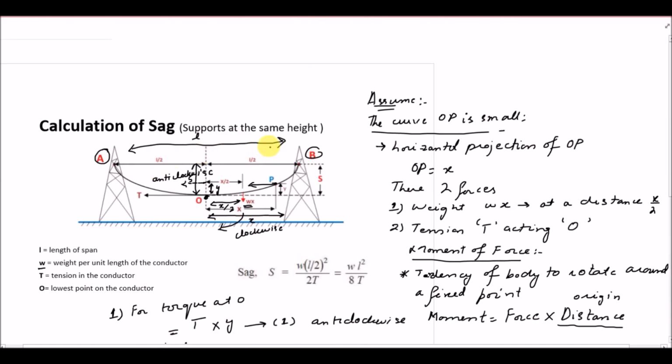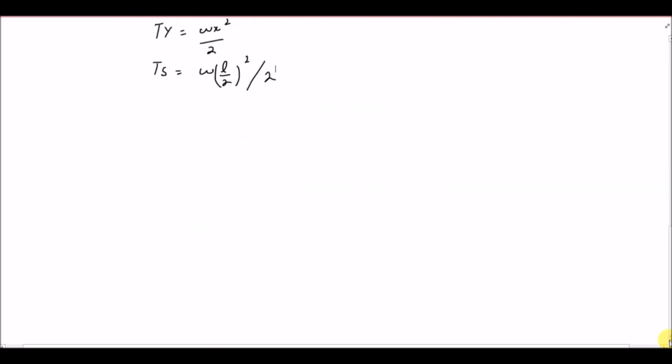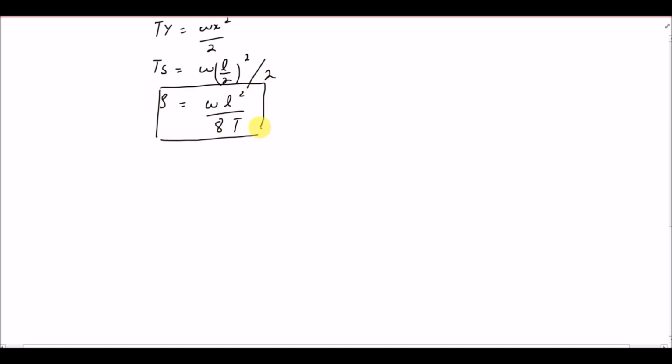If the total length is L and the lowest point is at a distance L by 2 from the support or tower, then we can replace x with L by 2. After solving, it will become s is equal to WL square over 8T. So this is the formula for sag calculation when we have towers of the same height, right?